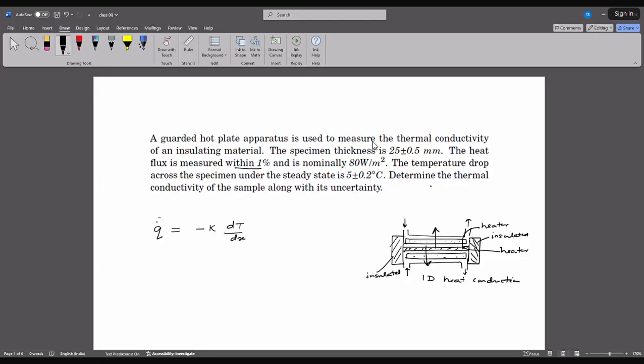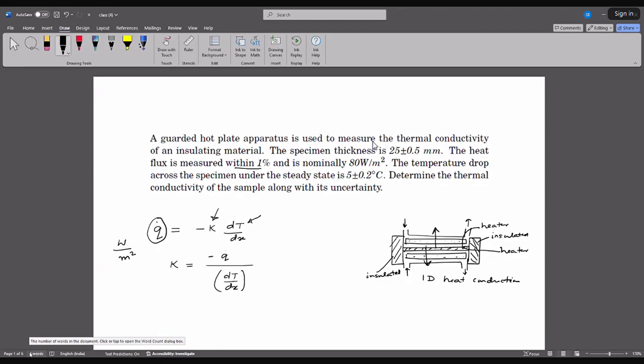This is the rate of heat transfer per unit area, with unit watt per meter square. This is the thermal conductivity, and this is the temperature gradient. So if you want to measure thermal conductivity, you have to measure the heat flux and divide by the temperature gradient dT over dx with a negative sign.